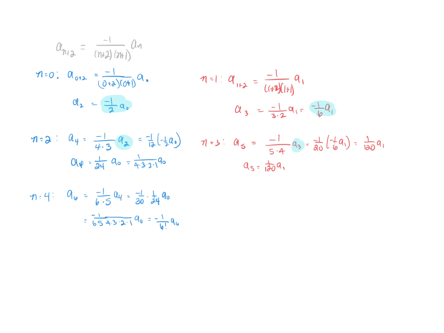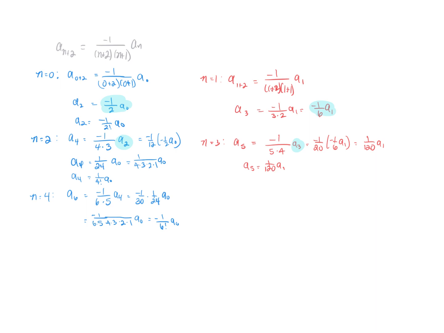So really, a sub 4 is 1 over 4 factorial a naught. And if we go back to a sub 2, that's really negative 1 over 2 factorial a naught. And these factorials become handy because that is how series solutions of sines and cosines look.